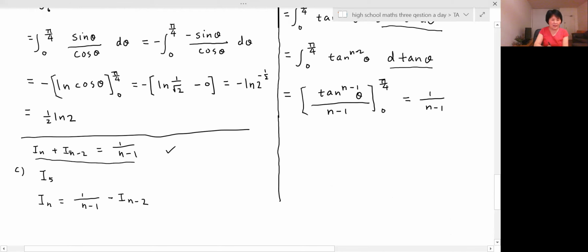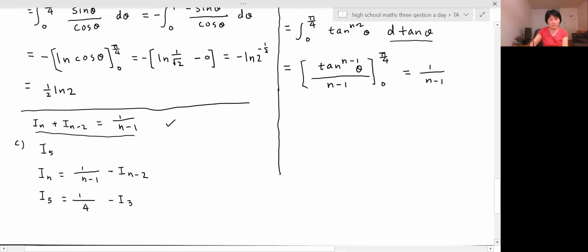Then In, this move to right hand side, coming to this one. Now I5, when n equal to 5, must be equal to 1 on n, using the 5 to replace, it's a 4. Minus In is a 5, 5 minus 2 is a 3. Okay, then continue.